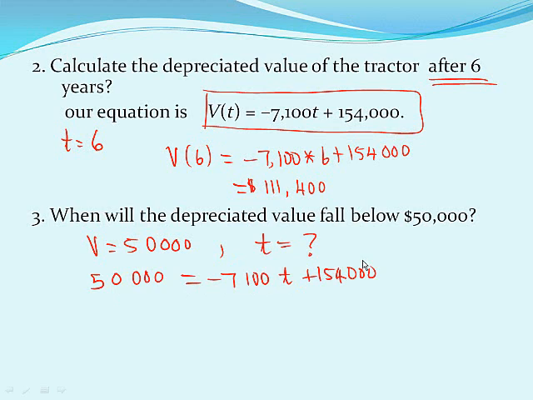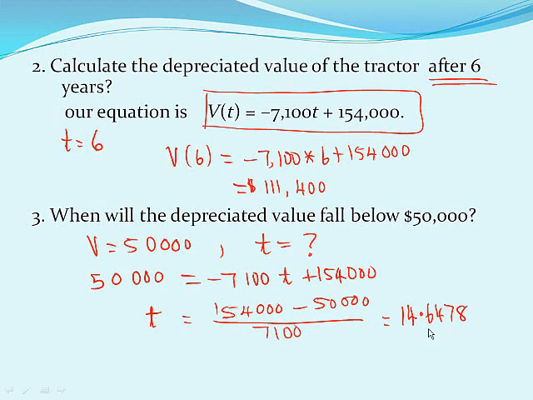So when I solve for t by isolating the variable, I get (154,000 minus 50,000) divided by 7,100, and that will calculate to be 14.6478. We can round this to 15. So after 15 years, the depreciated value will fall below 50,000.